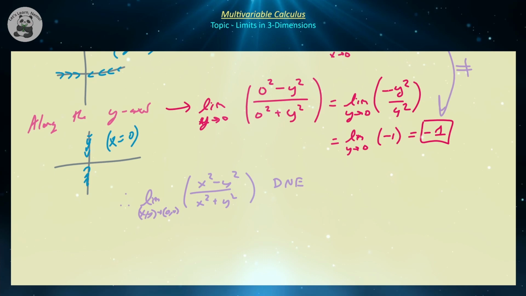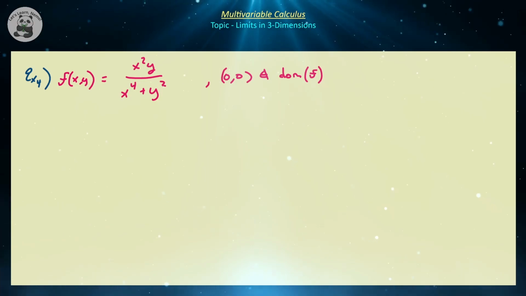Or some people also say it's path dependent. Some people only care about certain paths, but if you're just looking at the overall limit, then we clearly see it does not exist. So let's consider the function x squared y over (x to the fourth plus y squared), and let's assume that (0, 0) is our point of focus, again because it's obviously not in the domain, so whether the limit exists is up for investigation.